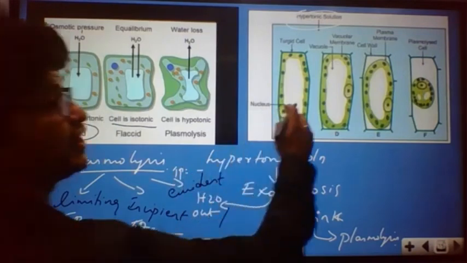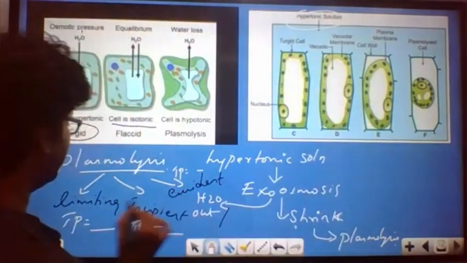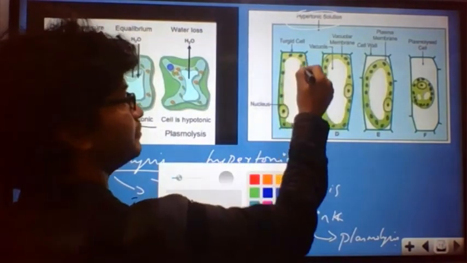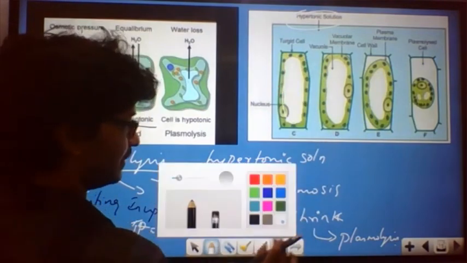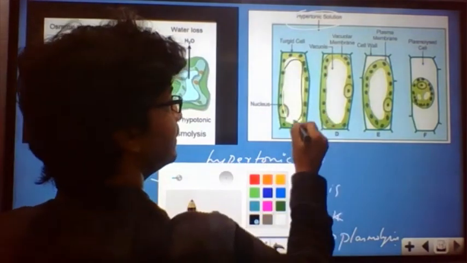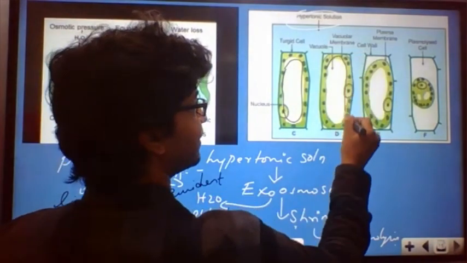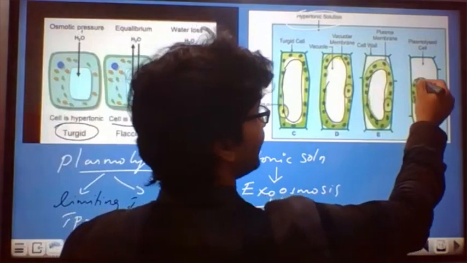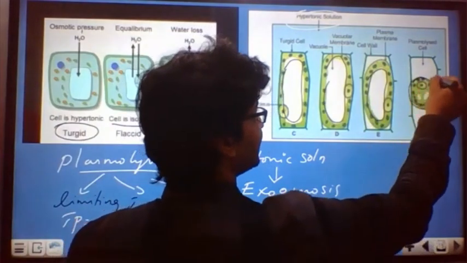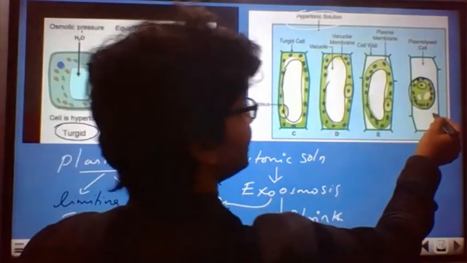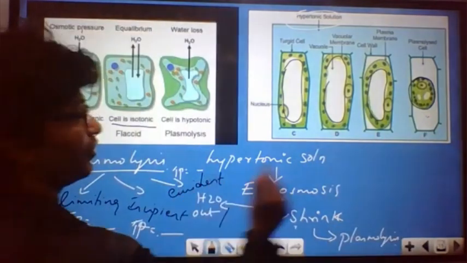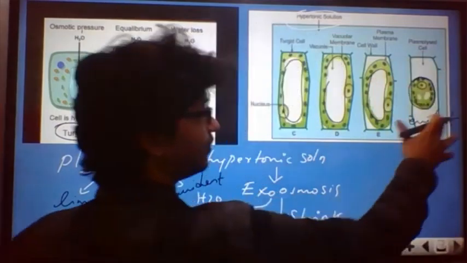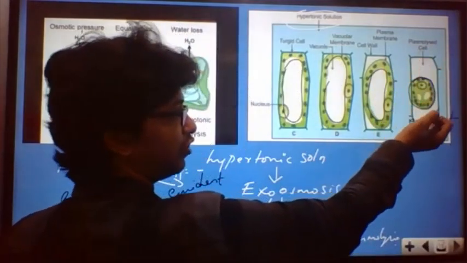Here you could see the change in the protoplasm. In the initial stage, the limiting, you don't see much difference in the protoplasm. In the later part you could see the difference. The cell starts slightly shrinking, and the vacuole size also gets reduced. At last the protoplasm is completely shrunk inside, and this we call evident plasmolysis, where the vacuole size got reduced and the protoplasm has almost shrunk.